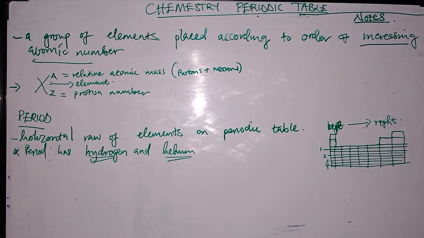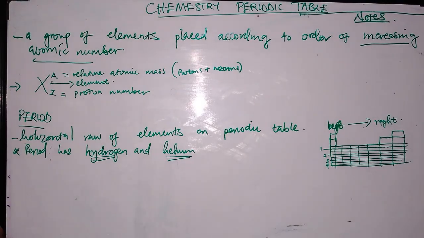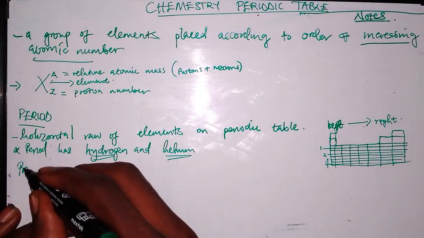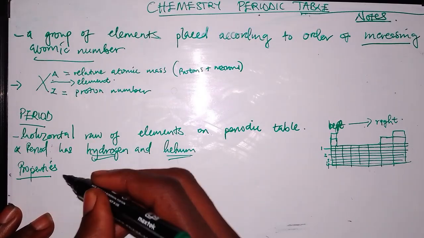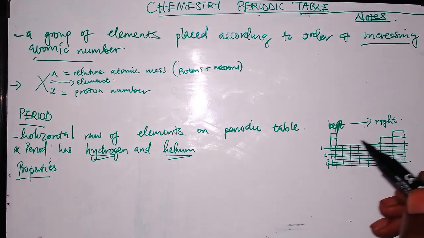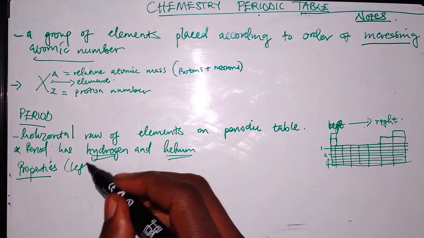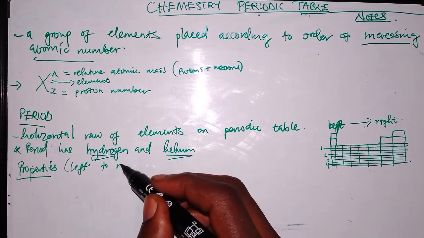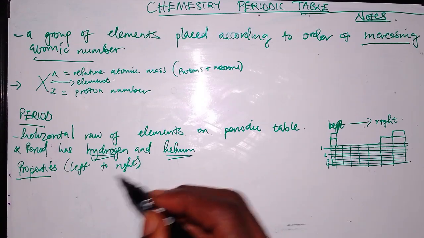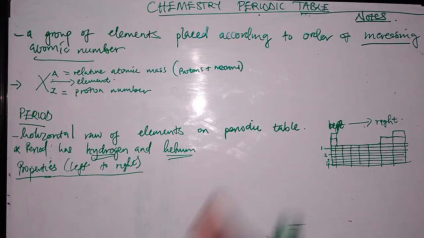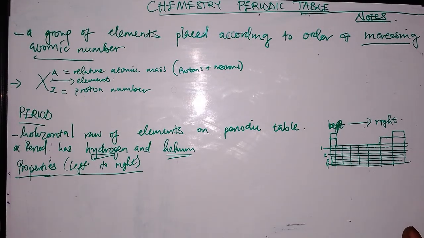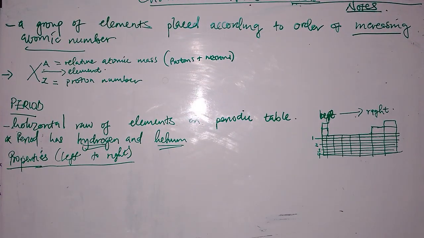What are the properties, or how can we distinguish these metals? We are talking about the properties of elements from left to right. You need to pay attention to the properties, because this is the most important part and the part which they like bringing.